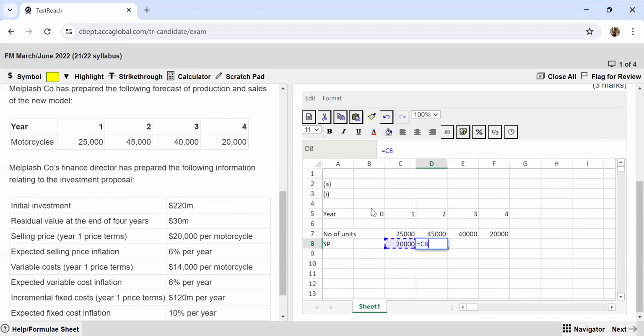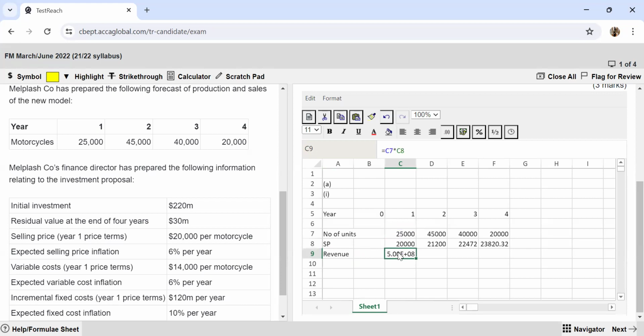Now when it comes to the second year, it says that there's going to be an inflation of 6% per year. So on the initial price of 20,000, I'm going to have to apply an inflation of 6%, which means I can say that 1 into 1.06. This is how I can apply the inflation and bring it to the rest of the cells as well. Now I have my revenue calculated, which is nothing but the product of my number of units and the selling price per unit.